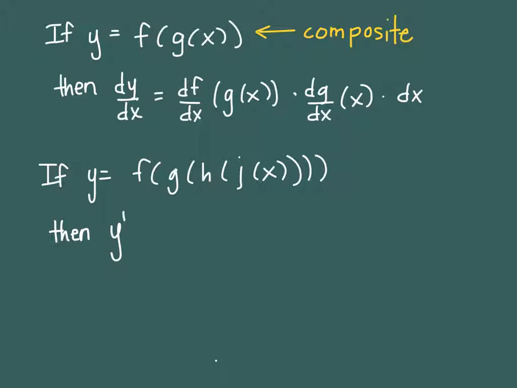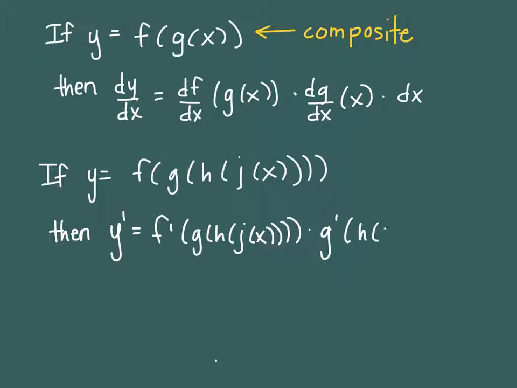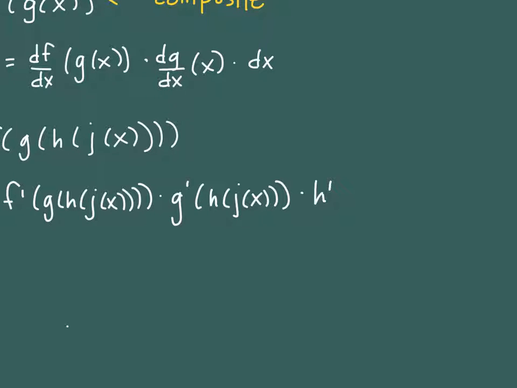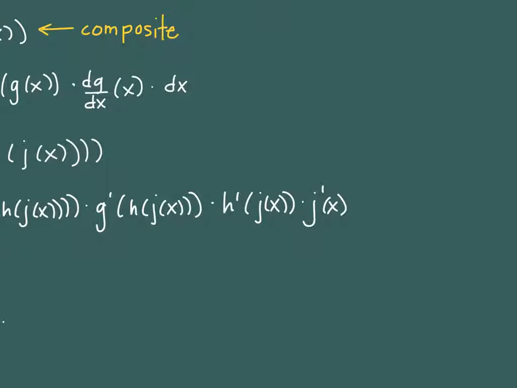So then y prime in Newton's notation would be f prime on the outside with g of h of j of x all on the inside, 1, 2, 3, 4, times then g prime with h of j of x, 1, 2, 3, then h prime of j of x, and then j prime of x, and then finally x prime.